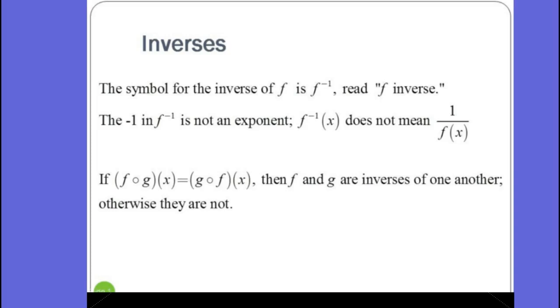However, that's the notation, and it's not changing anytime soon. So f of g of x equals x and g of f of x equals x means that they're both equal to x. Then f and g are inverses of one another. If they do not equal x, then they are not inverses.